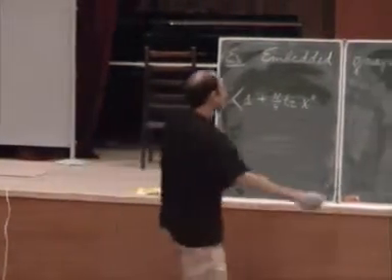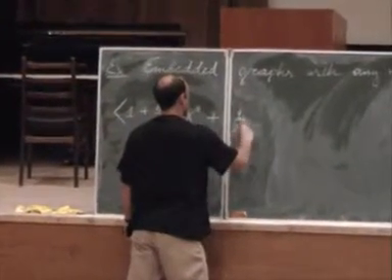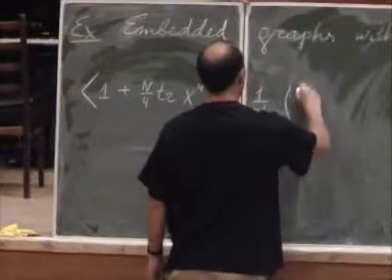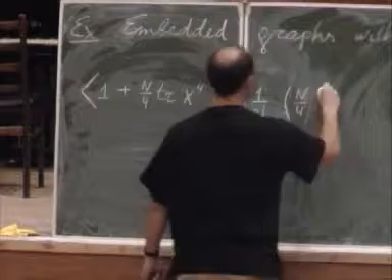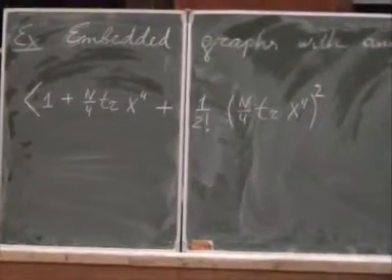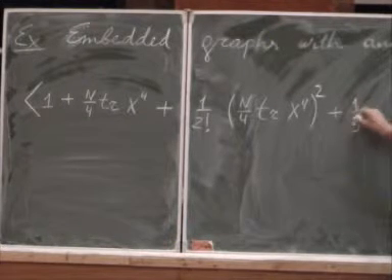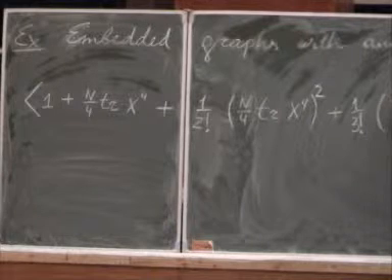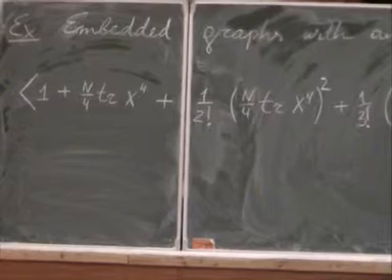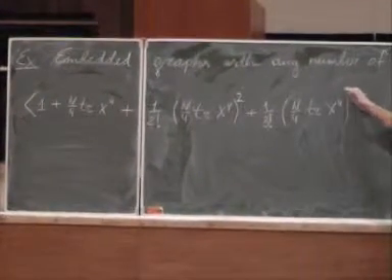Now if we have two vertices, we should write 1 over 2 factorial, n to the power 4 trace of x to the power 4 squared, and so on. So this is the contribution of graphs with 3 vertices, and so on.